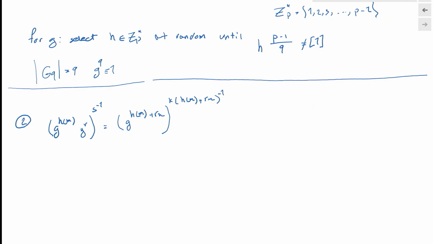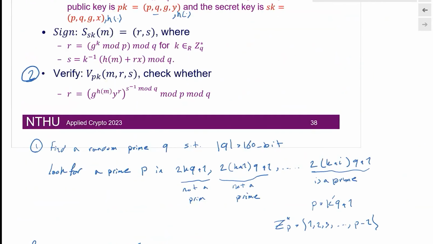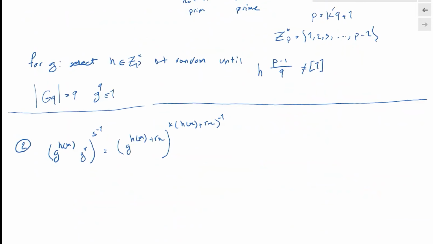Remember that over here we are computing the inverse of S, which means that if we go to S, we would inverse everything. So this is K inverse. Inverse of inverse is K itself, and then inverse of this term we just put inverse of that term.